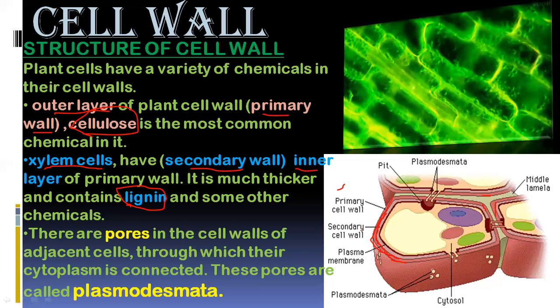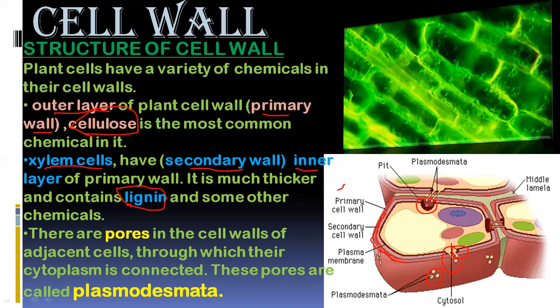So how can it happen? There are some pores inside the cell wall, like you can see, these pores. They make the connection from one cell to the other cell. First of all, they make a pit, a little hole, and then two channels are formed between two cells.